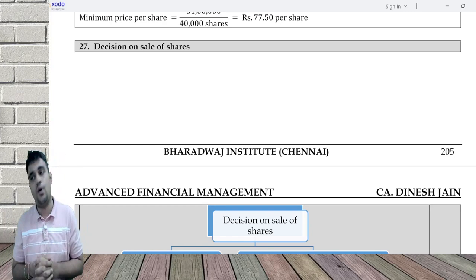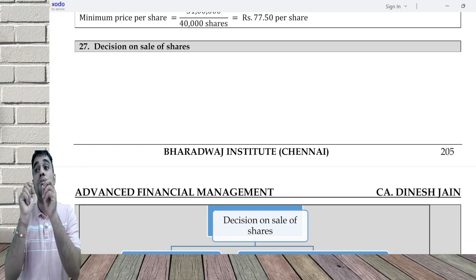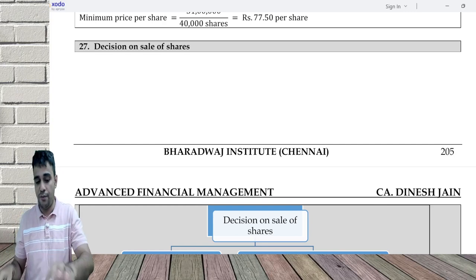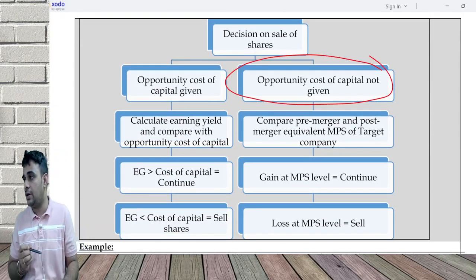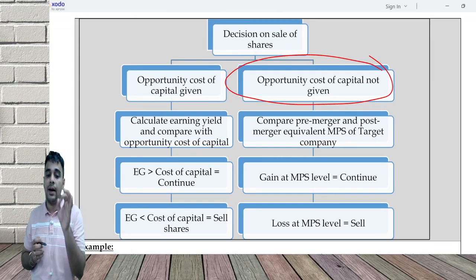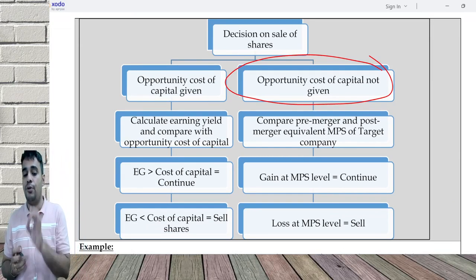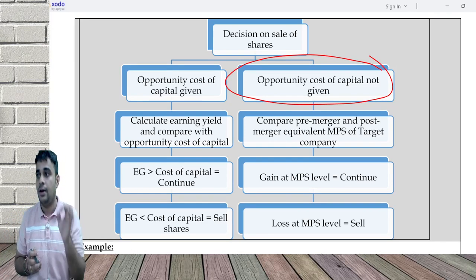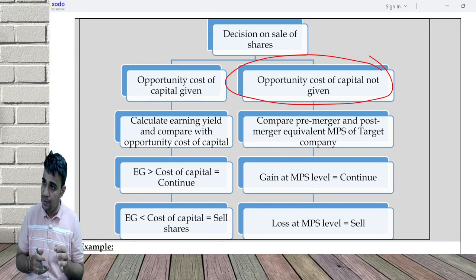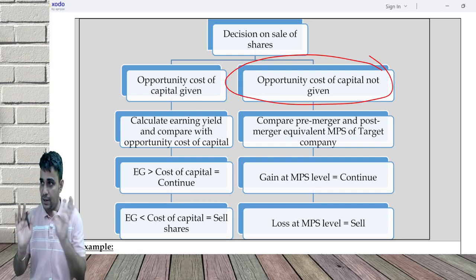This approach we follow if there is no opportunity cost given. So the first approach is opportunity cost of capital not given: compare pre-merger and post-merger market price equivalent. Gain at MPS level, continue. Loss at MPS level, sell. That's a very simple calculation.